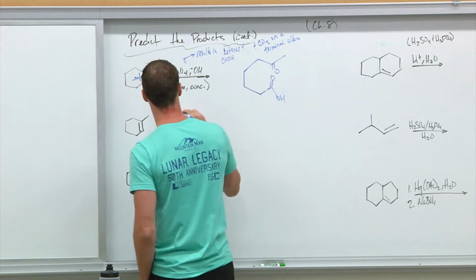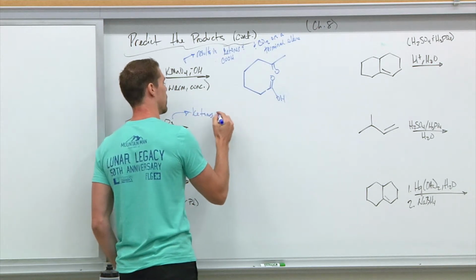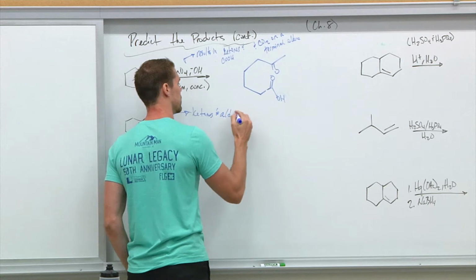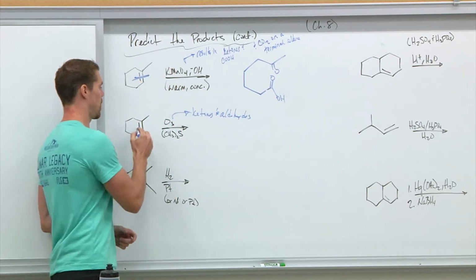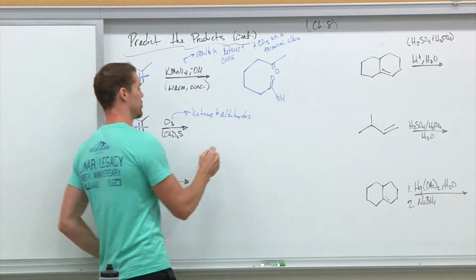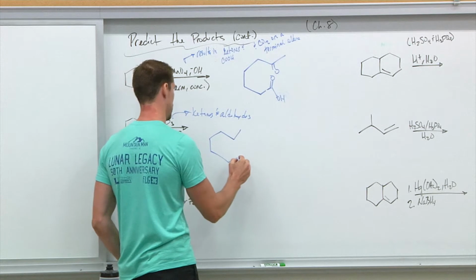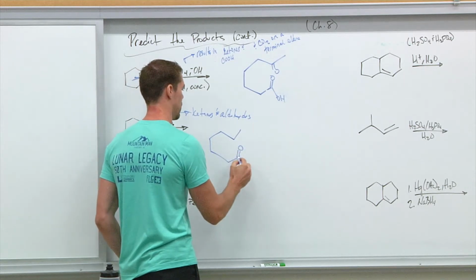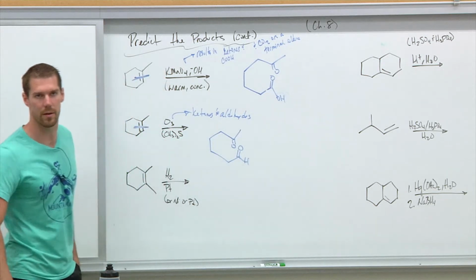Here we get ketones and aldehydes. So again, we're breaking this, and we can draw the same thing. Well, that remains an aldehyde, and then there's your ketone right there.